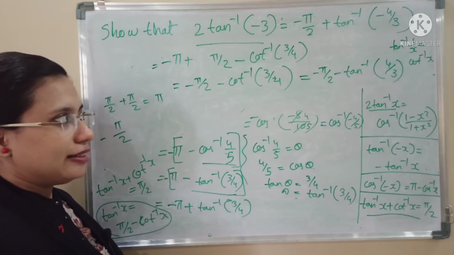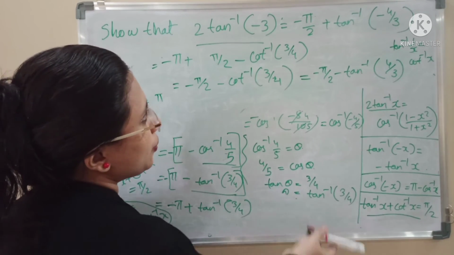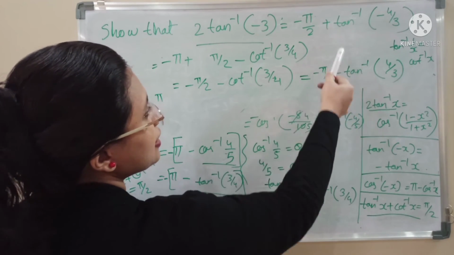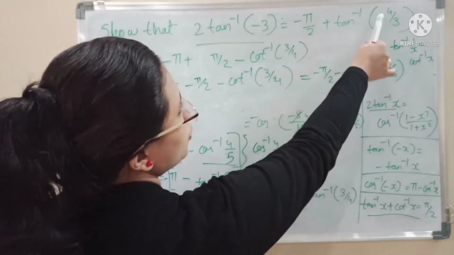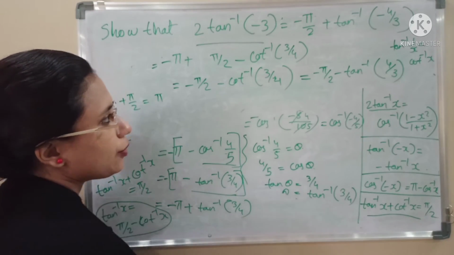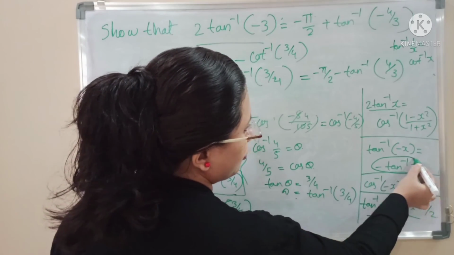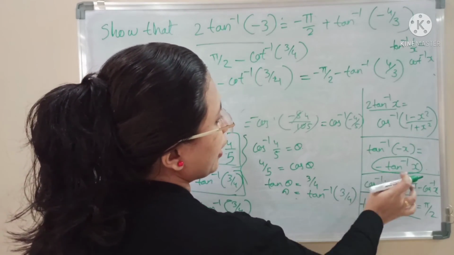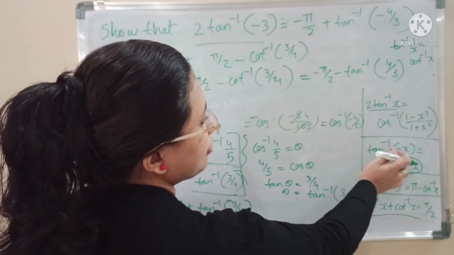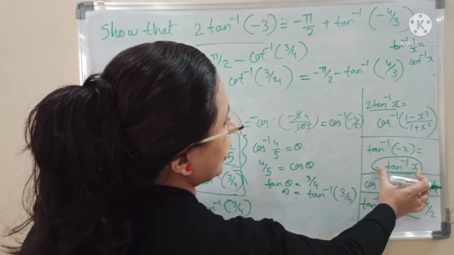Clear? Now next, is there anything missing? Here it is minus pi by 2, that is okay. Here it is plus, but it is minus. Also here there is a negative sign, but here we don't have. So what we will do here is just reverse this property. Minus tan inverse x is what we get from tan inverse of minus x.